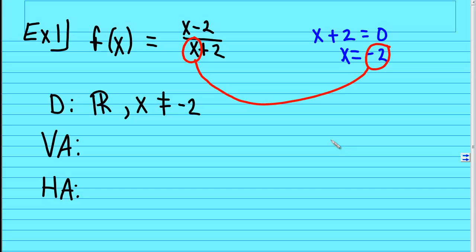Now look at the vertical asymptote. The vertical asymptote is where x is equal to -2. For the horizontal asymptote, we look at the highest degrees. The highest degree in the numerator is 1. The highest degree in the denominator is 1. Those are equal.